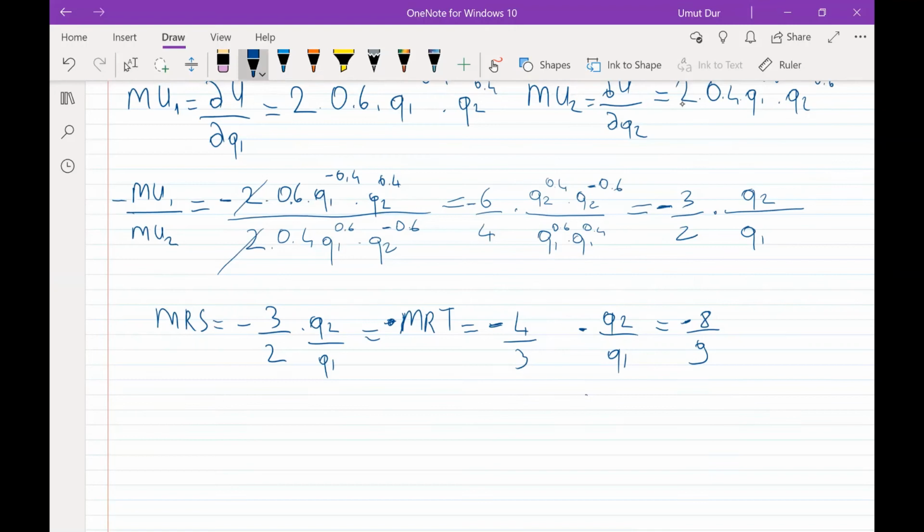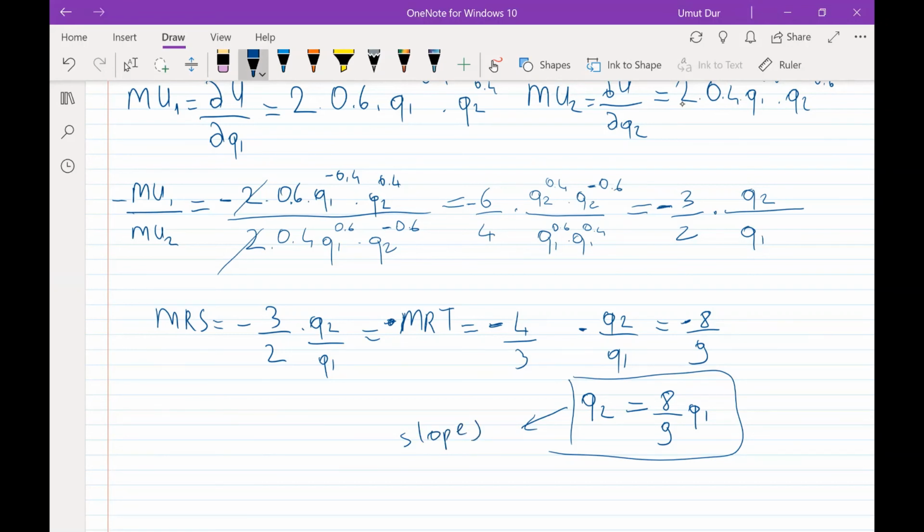So if I leave Q2 alone, Q2 is equal to 8 over 9 Q1. This is what I get from the slopes.